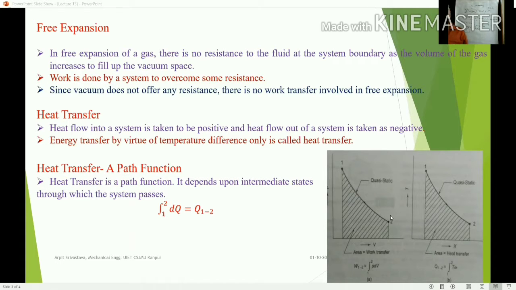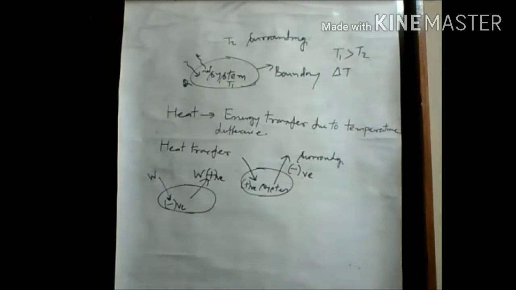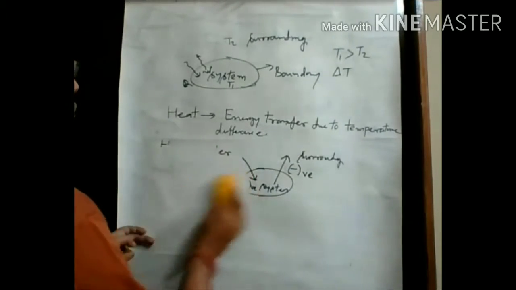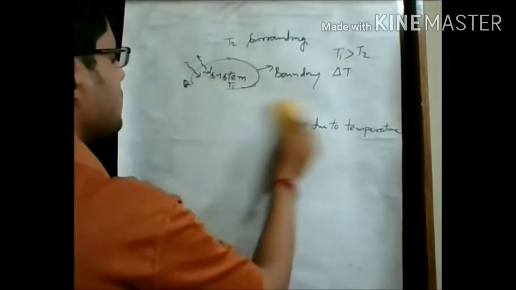What is the theory regarding this, that is, why can we say that heat transfer is a path function? Let us again take the example of the PV diagram, which we already discussed when calculating work done in a particular process.